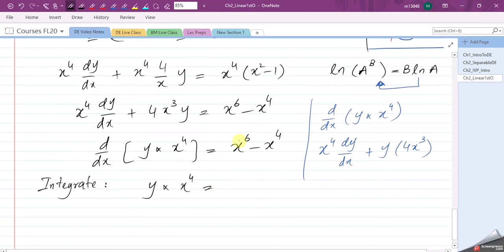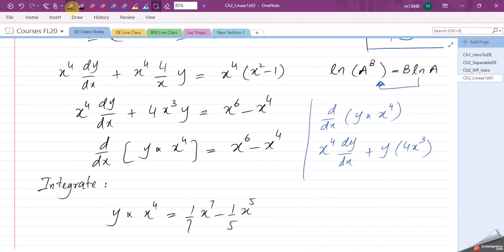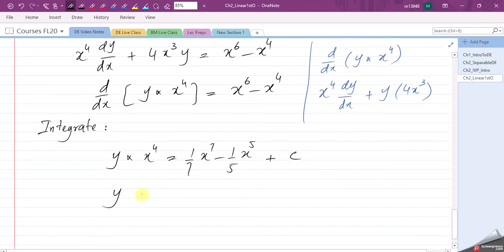And on this side, what is the integral of x^6 minus x^4? 1/7 x^7, minus 1/5 x^5, and a plus constant. If we want to, we can leave it here, or we can divide by x^4 on the other side, and that will become x^3/7 minus x/5 plus c times x^(-4).